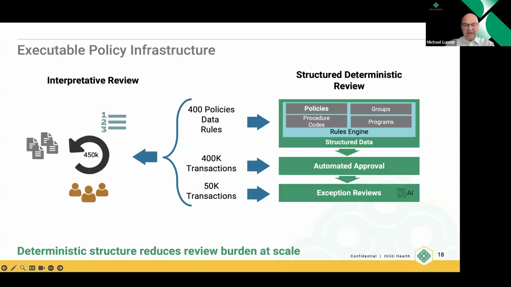Yeah, I think there's a couple of key points. There was a question as well that I'll address. First of all, when we're speaking about structured deterministic review and structured data, essentially what we're talking about here is, if you have a policy, that policy ultimately needs to be converted into a line-by-line detail of what the rules are, or in the case of CMS 0057, what the question is for the provider.